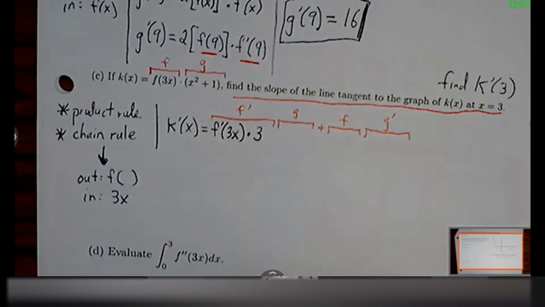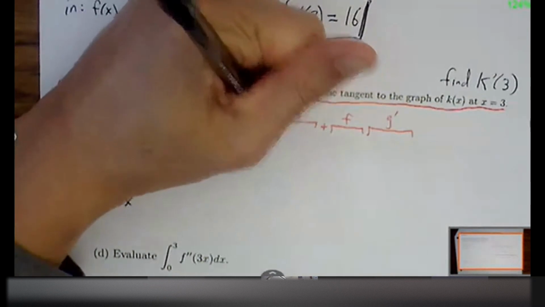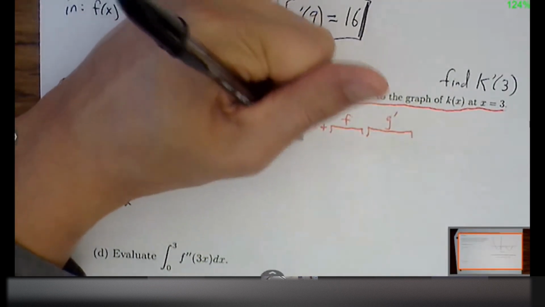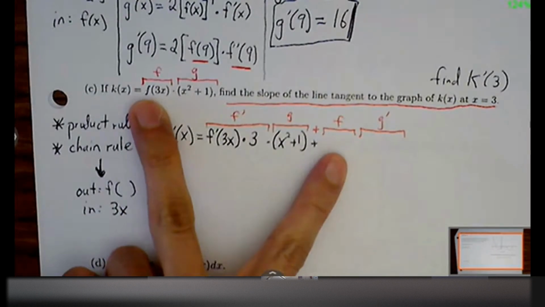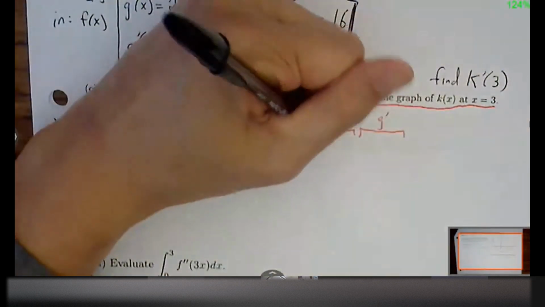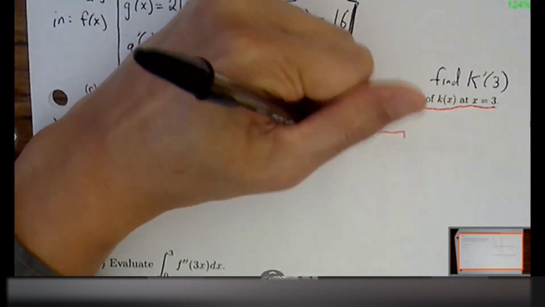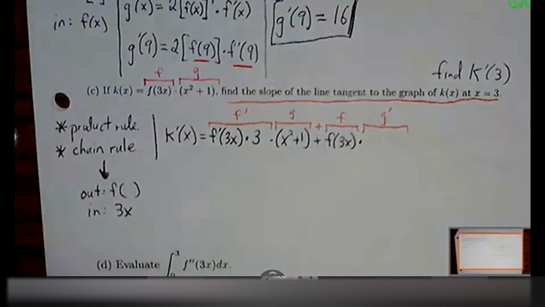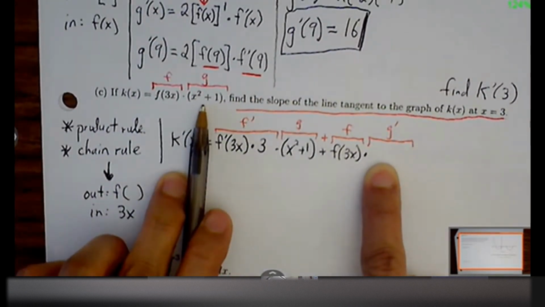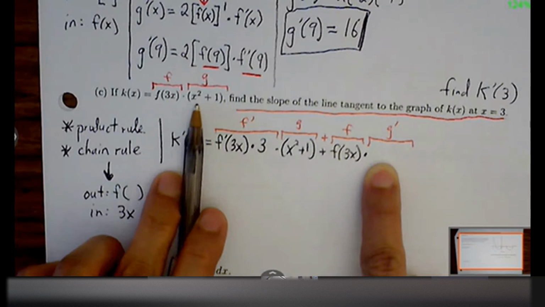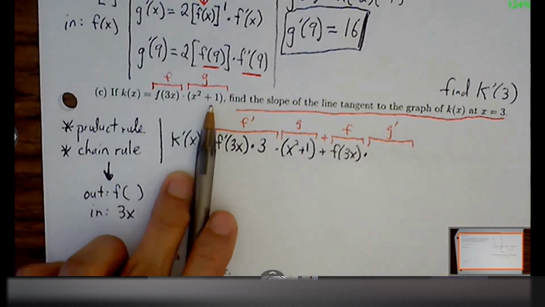We'll copy down the g function as is, no changes there. Back to f, no changes. Times, okay, what's g prime going to be? Just 2x. X squared becomes 2x. 1 goes to 0.